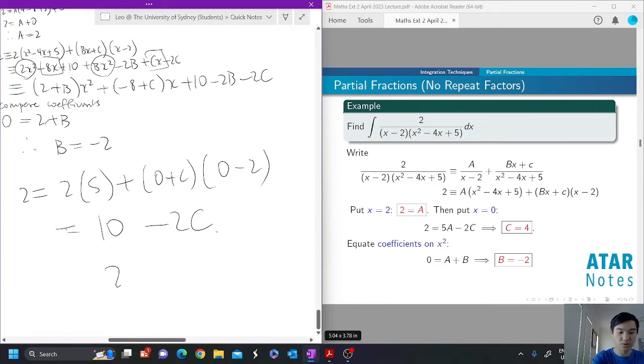So 2c would have been equal to 8. So therefore c is equal to 4.